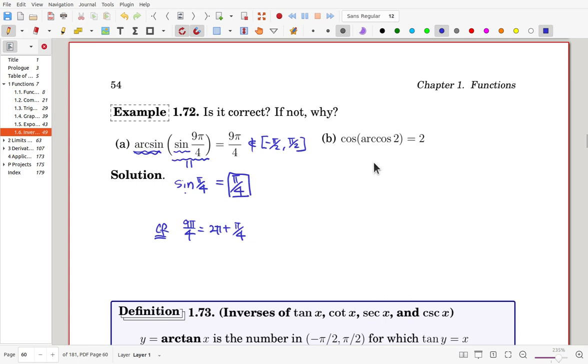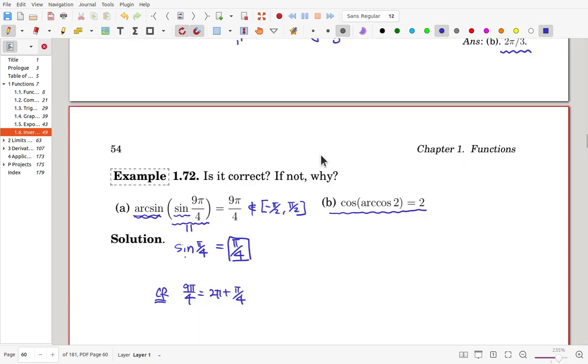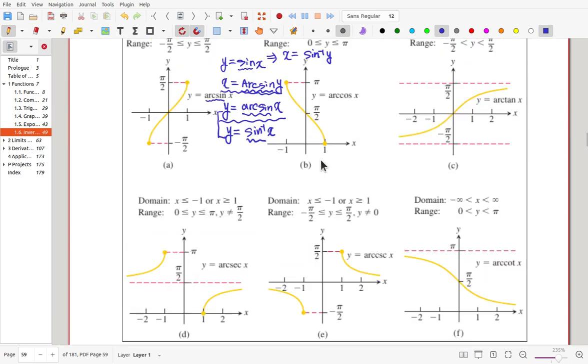Okay. Now for that one, you may hesitate, but it's not correct. The reason is arc cosine cannot take the value 2, because arc cosine takes values between minus 1 and 1. Let's go back to the picture.